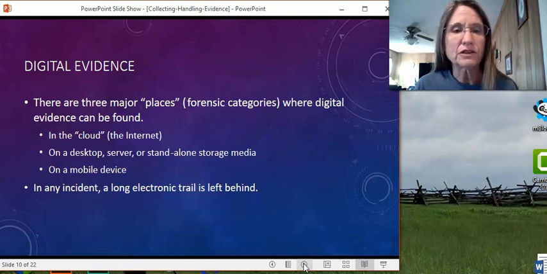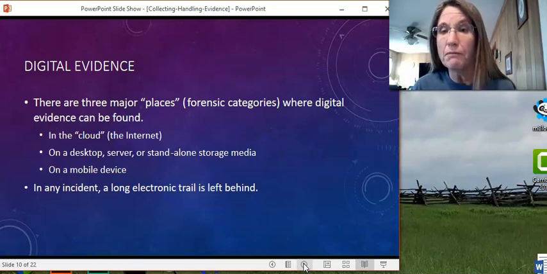Digital evidence can be found in many places, but we could break this down into three major categories.